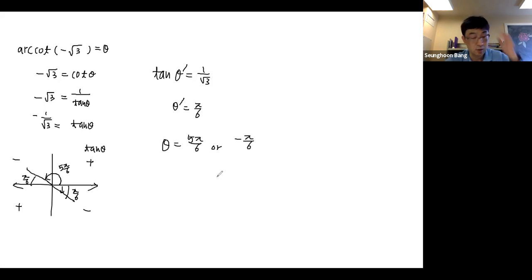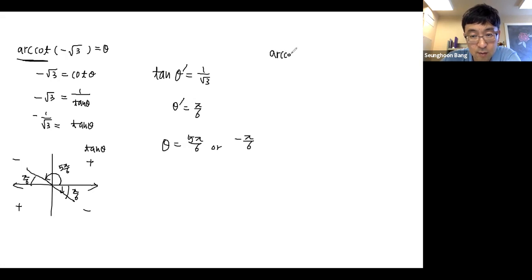Do you know which one? You have to use the range of arccotangent. Remember the range of arccotangent? The range is 0 to pi.